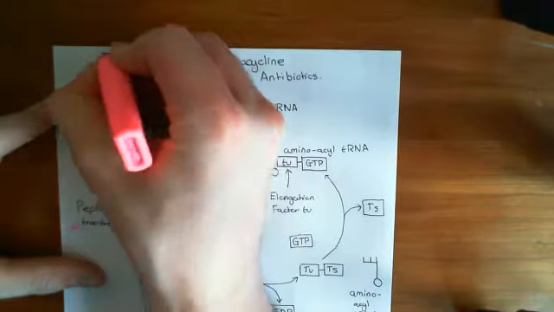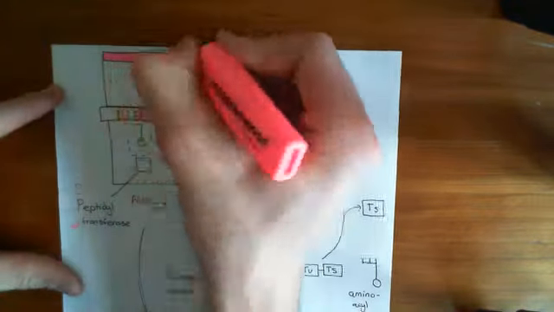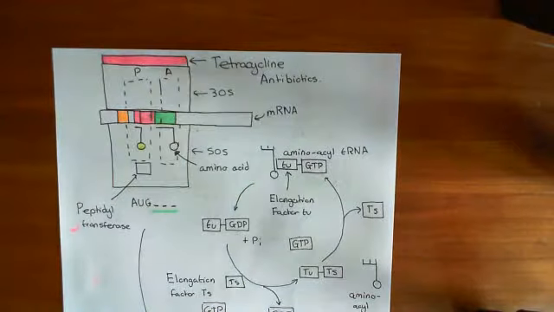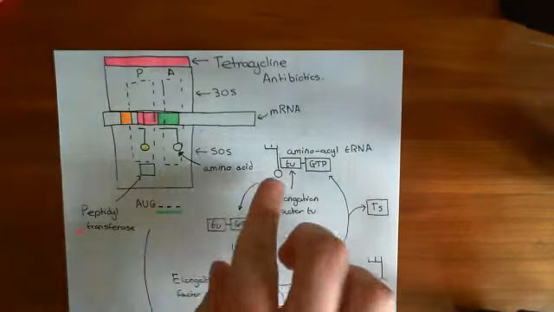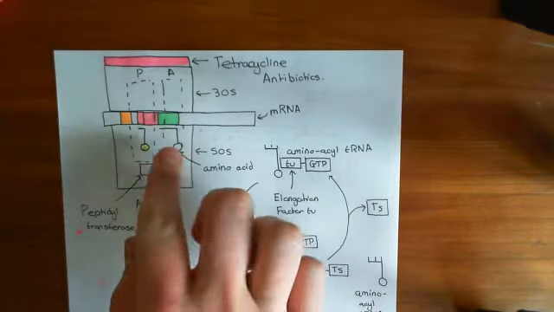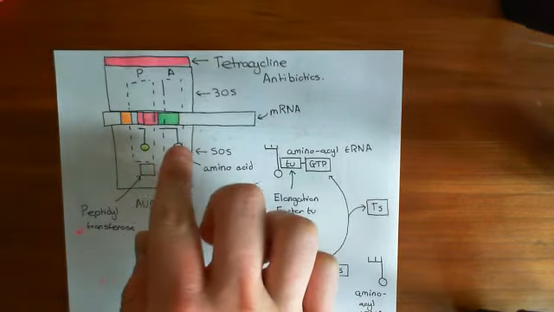This is supposed to represent the tetracycline molecule. It's bound to the 30S subunit of the ribosome, and what it does is it changes the conformation of the ribosome so that it can no longer move the aminoacyl tRNA properly into the correct position.